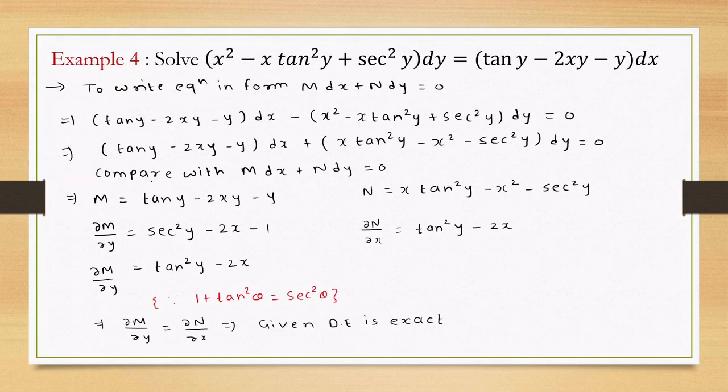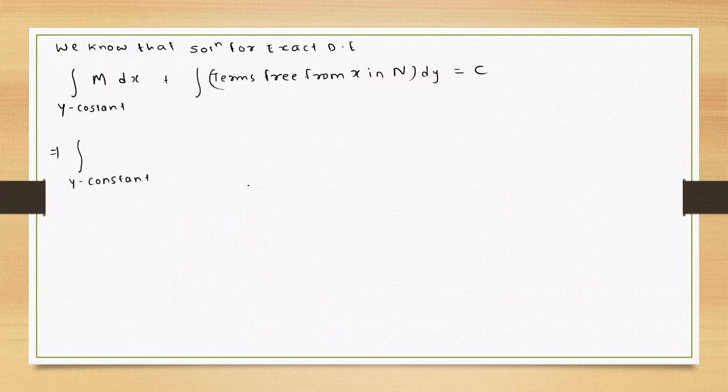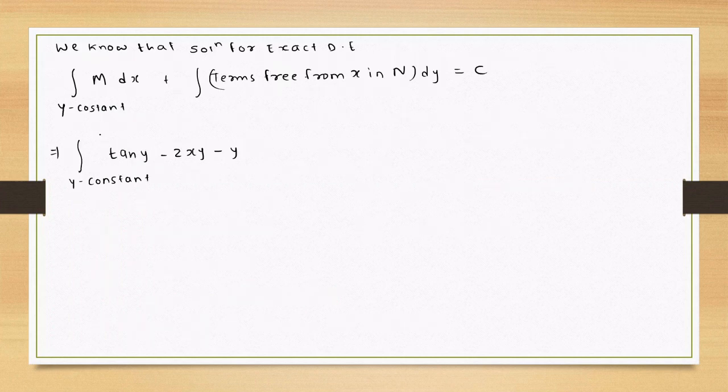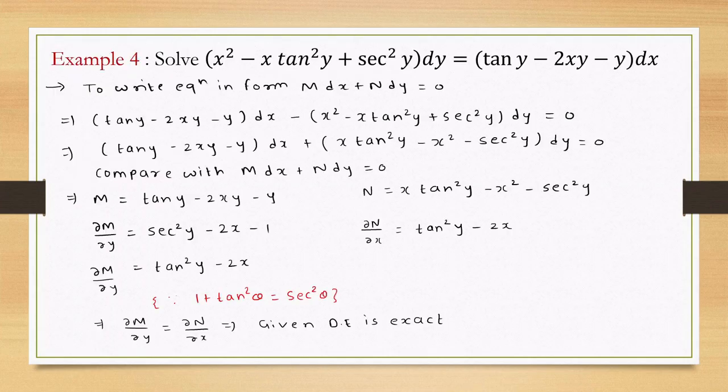What is M here? Look at the M. Tan y minus 2xy minus y dx, plus integration of the terms free from x in N. Now look at the N. This contains the term x, so we will eliminate this.